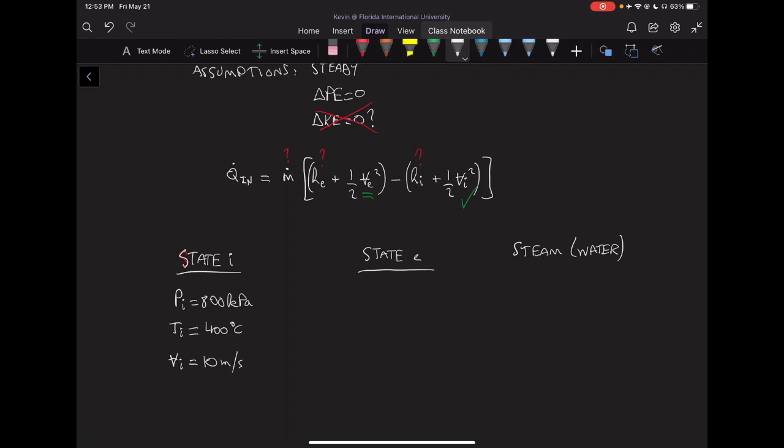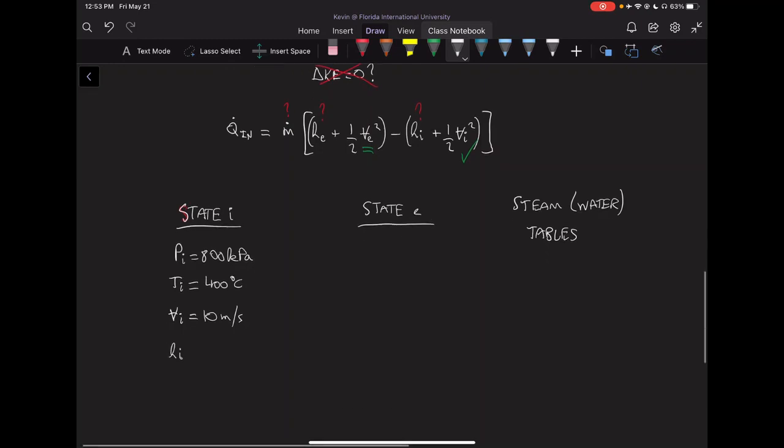Since we have water, and for water or R134A we have tables, we are going to use tables. And so that means we're going to look for HI, and we're also going to look for specific volume VI just to be complete on our state. And we'll see why we need VI.